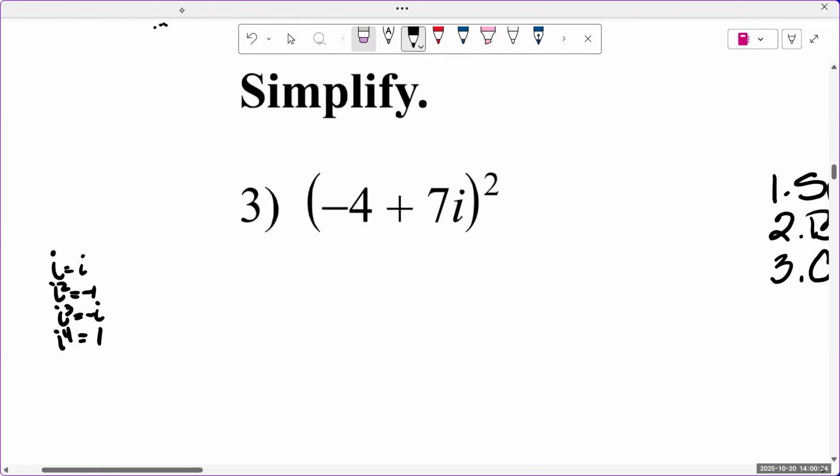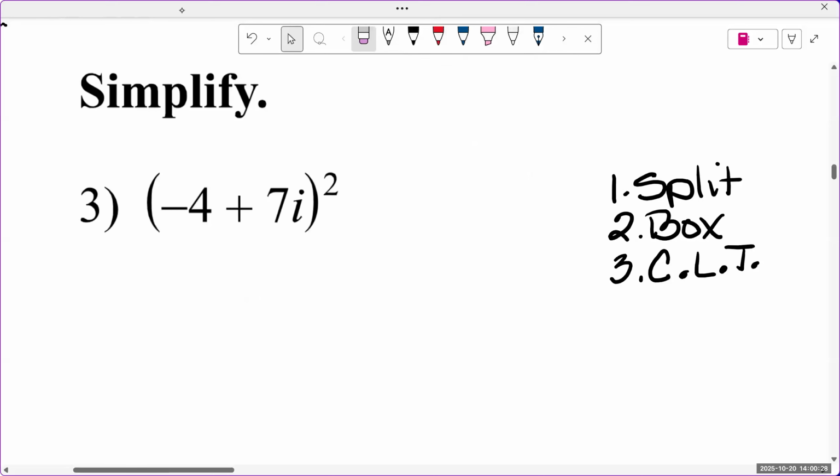Number 3. Okay, so first, because there are 2 terms in here multiplying by itself another two terms, I'm going to have to make a box. This is not just the -4 having the exponent and the 7i having an exponent.